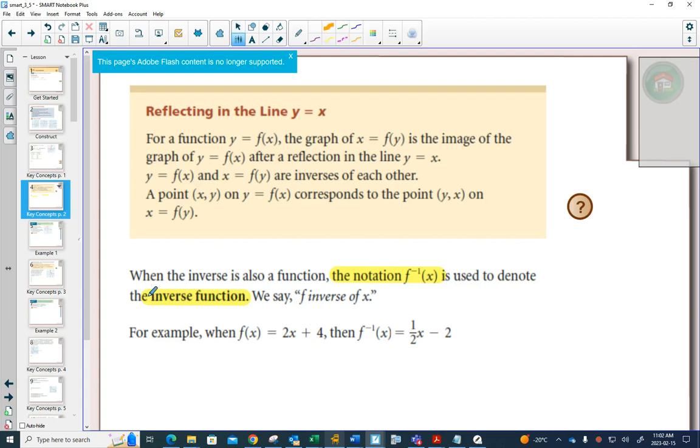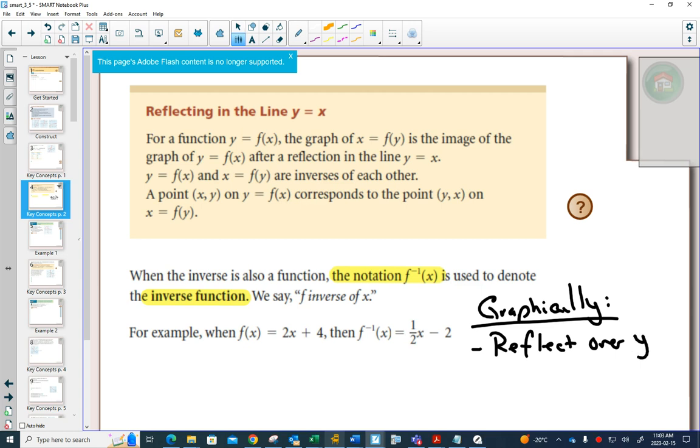So what I want you to do off to the side is we're going to make some notes both about things graphically and algebraically. Graphically, if you have one graph and you want to find the other graph, you have to reflect over the diagonal line y equals x. What this does is you switch your x and y coordinates.